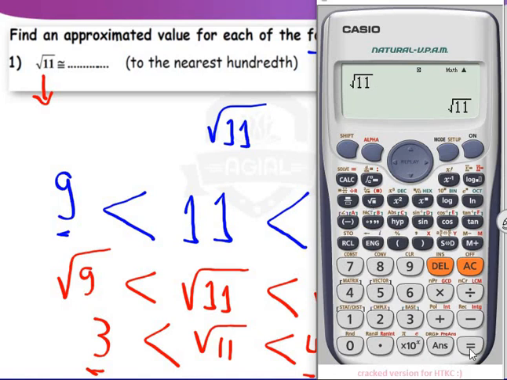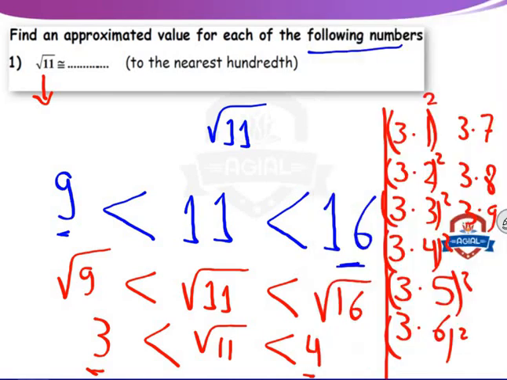It will be, and make SD, so it will be 3.31. So we write here 3.31. The square root of 11 to the nearest hundredth will be 3.31.